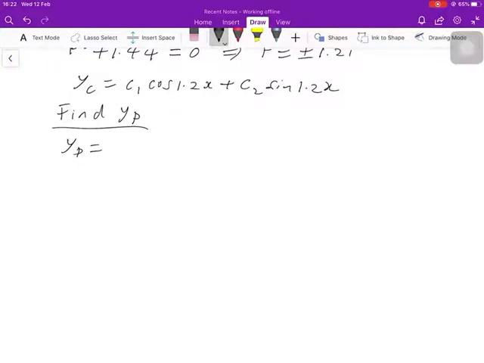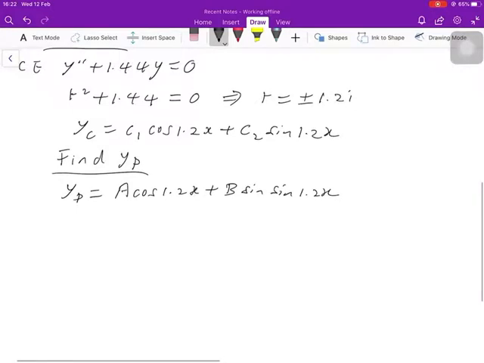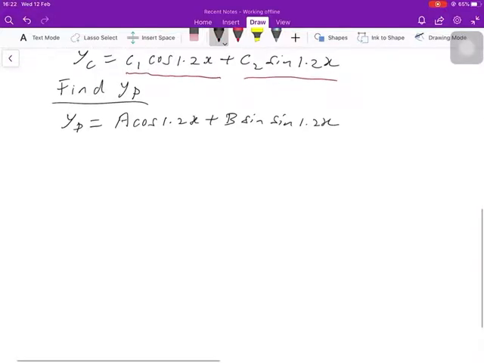So the yp that we propose is a cosine 1.2x + b sine 1.2x. Now we compare our proposed trial solution to the yc. We see they are similar, so we need to multiply our trial solution by x.